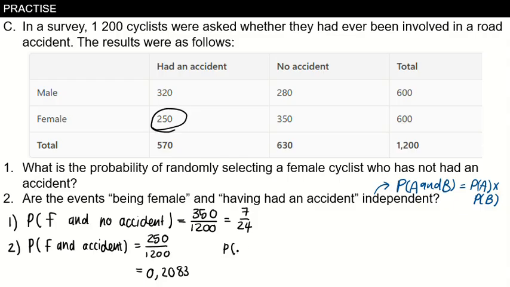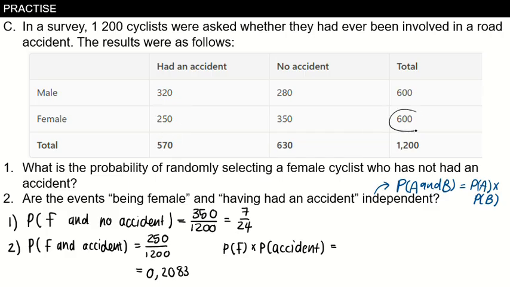And let's check the probability of being a female times the probability of having an accident. So this doesn't focus on female and accident. We are just trying to see, does the probability of female and accident equal the probability of female times the probability of accident?